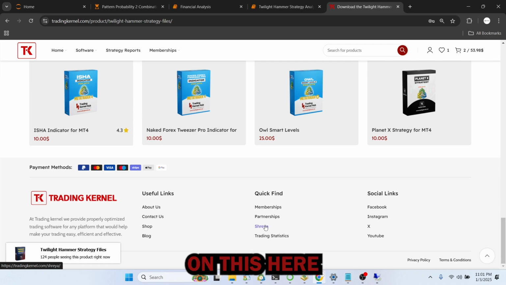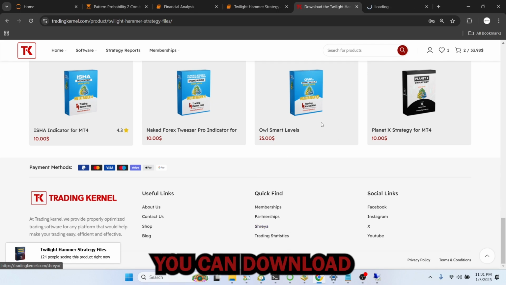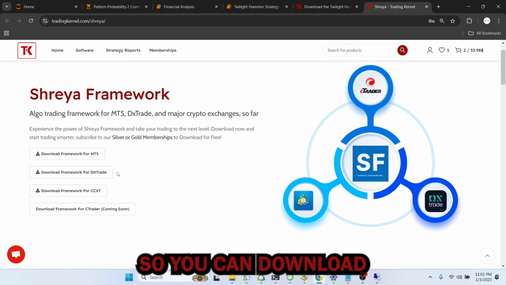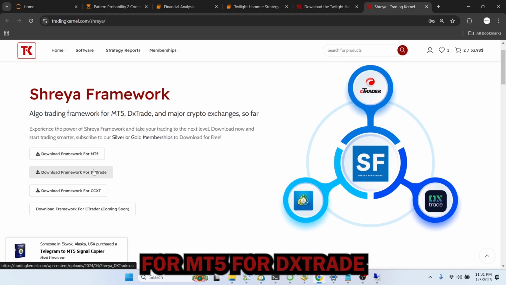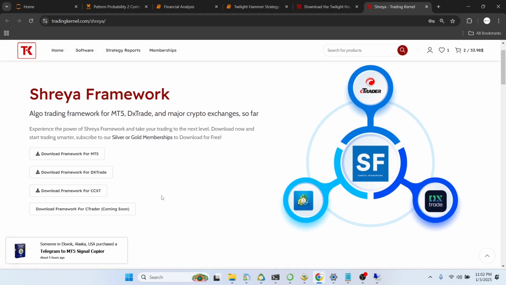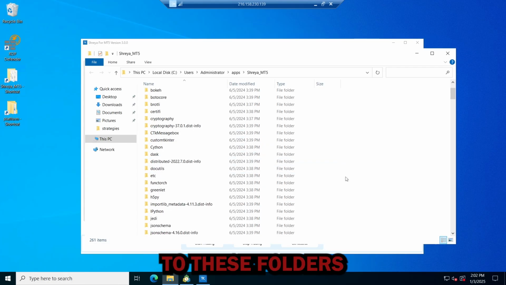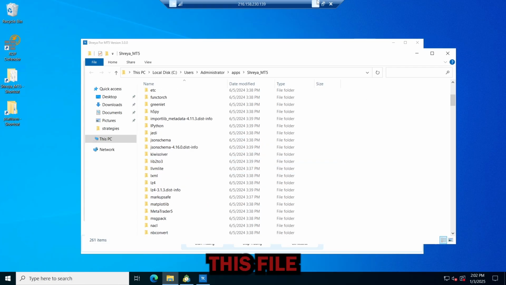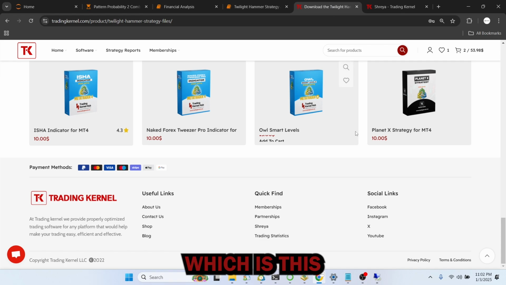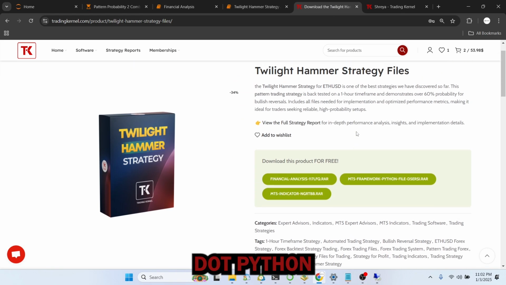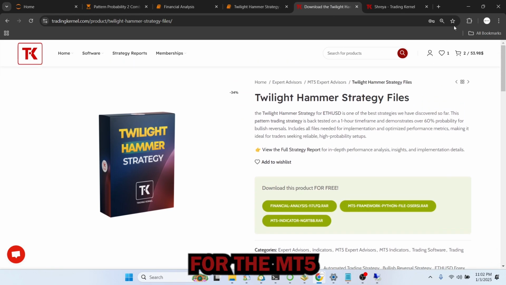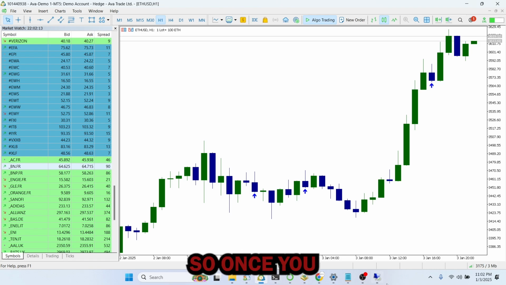If you click on this, you can automatically download any of the frameworks that you require: the framework for MT5, for DX Trade, or for CCXT. Once you download this application, you head over to these folders and paste the file you download, which is this .python file, for the MT5 framework.